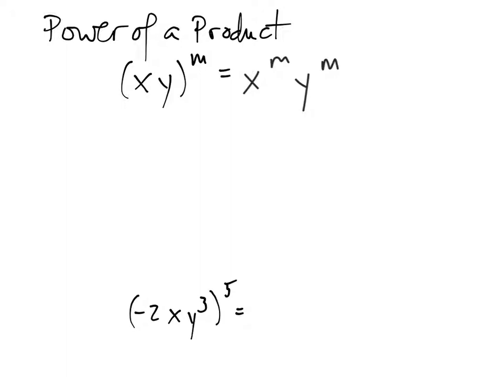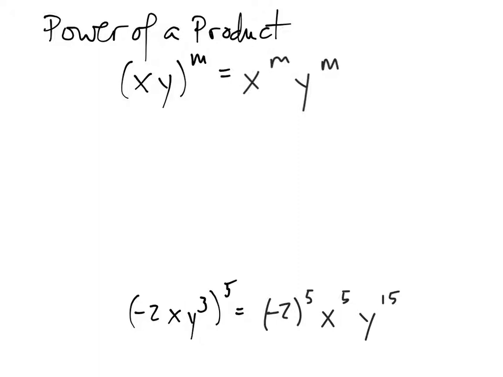So each individual piece gets raised to each power, right? So this is negative 2 raised to the fifth power. Then we'll raise x to the fifth power. And then we raise y to the third to the fifth power, which gets me what? Yeah. Y to the 15th, right?